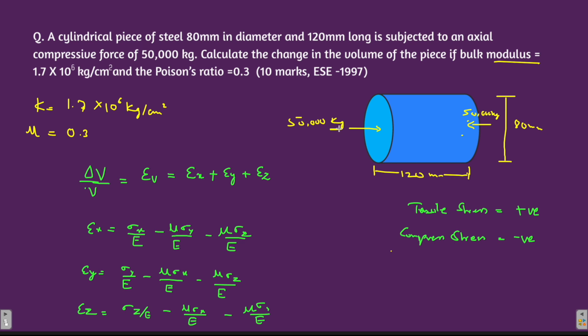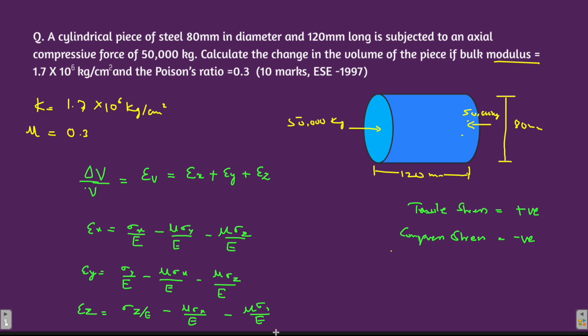But what do we want? We want stress. So here is the point where, if you are in a hurry, you are bound to commit a mistake. You will see 50,000 in kg and just put that. But you should keep in mind it is not stress, it is load given to you. And we have to find out stress.